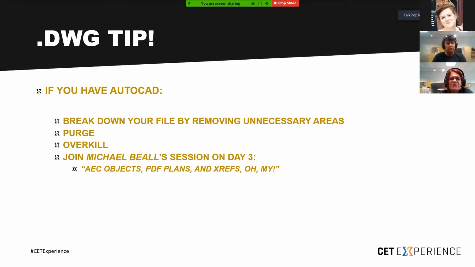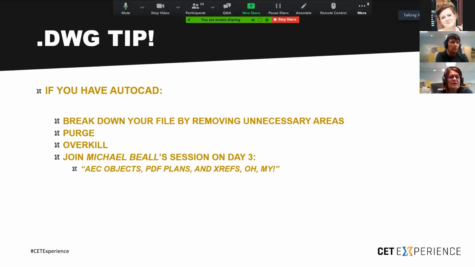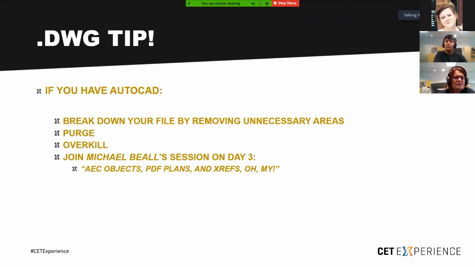So we suggest first going in and removing everything that you don't need. If you're doing one little section of a big AutoCAD drawing, just isolate that one part and get rid of the rest. You can also type in purge, that's a command, and overkill, another command, and those will take away layers and different things that you won't even notice.